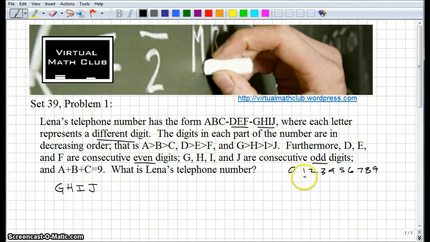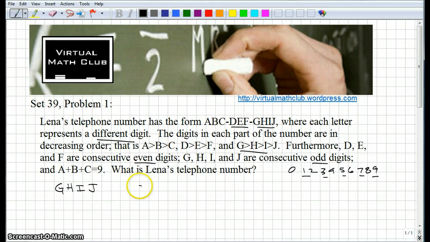Alright, so the possibilities for G, H, I, and J have to be odd, so that's 1, 3, 5, 7, and 9. So we have 4 digits and only 5 possibilities, and we know that they're all in decreasing order. So what do we have for possibilities?